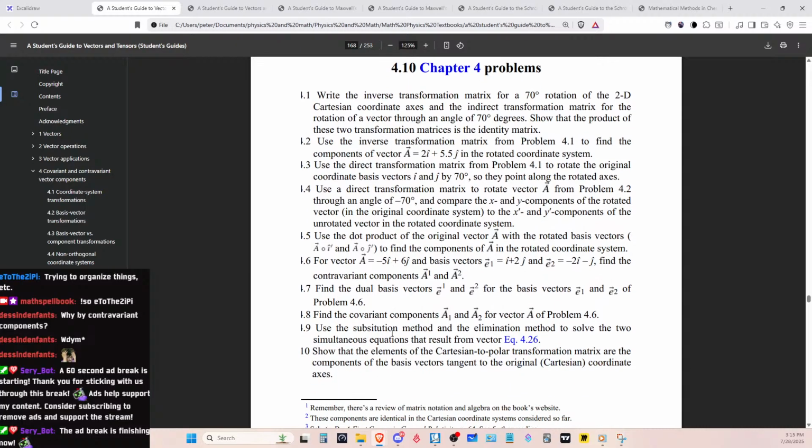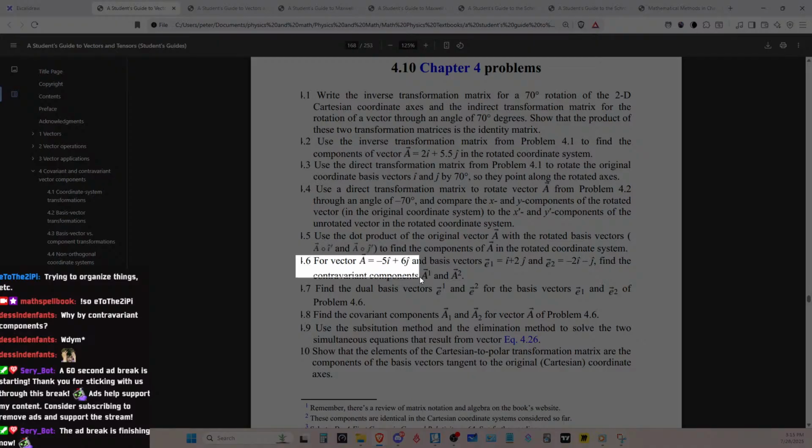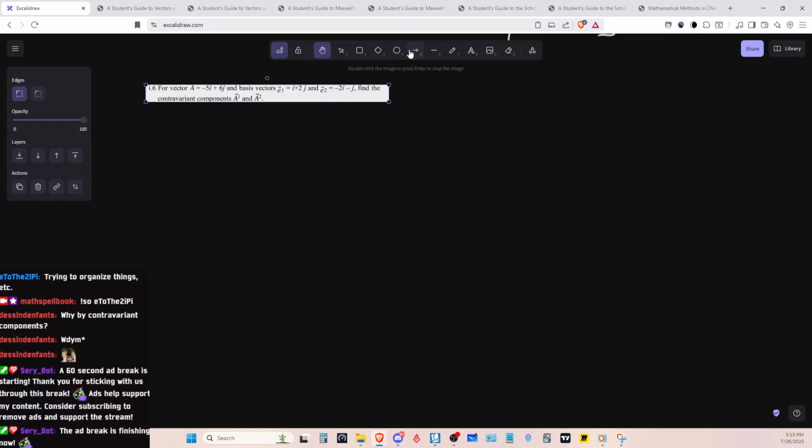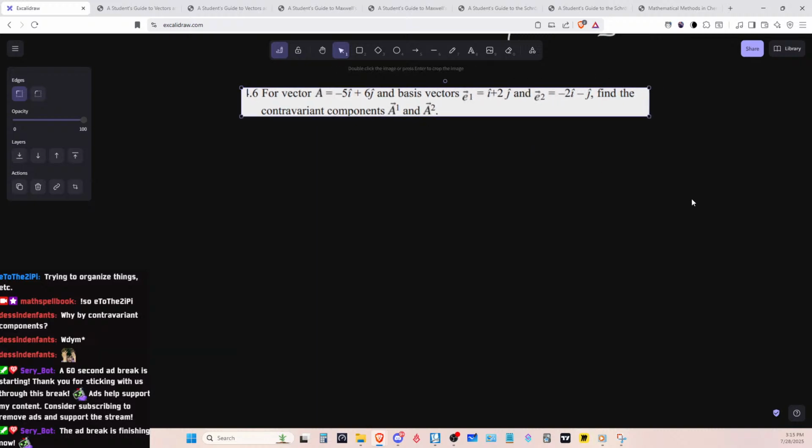So I think we're on number 6. Okay, so let's see, for the vector, the basis vectors are, okay, so they're contravariant basis vectors.